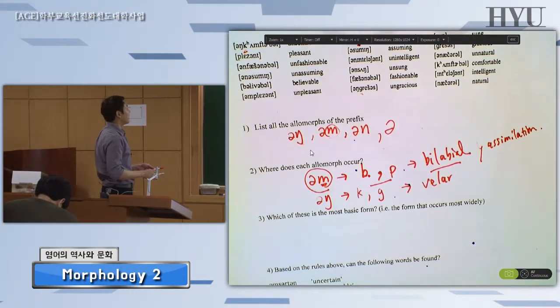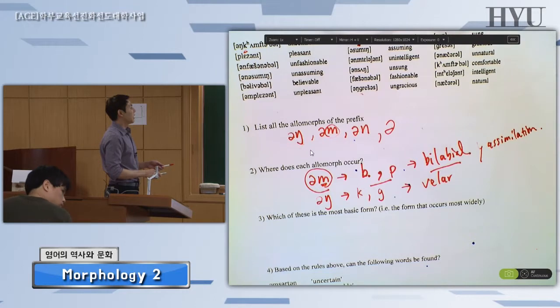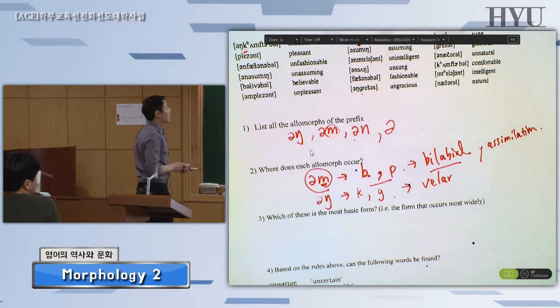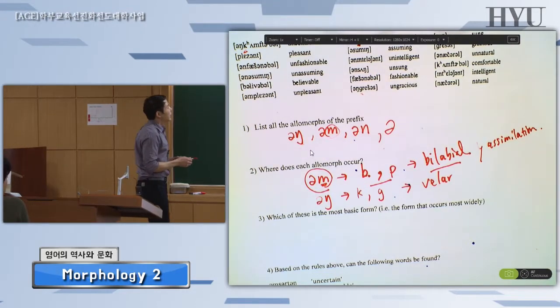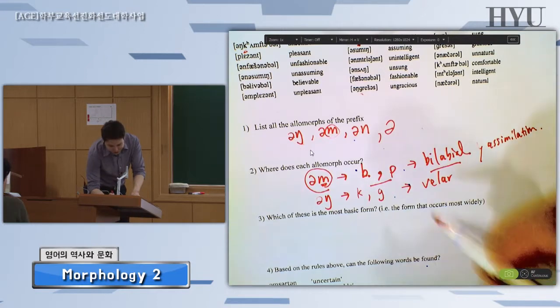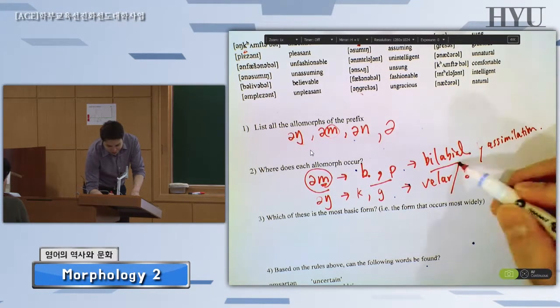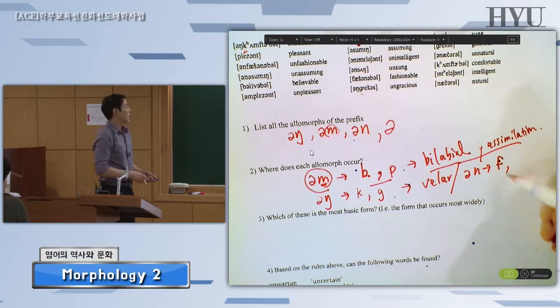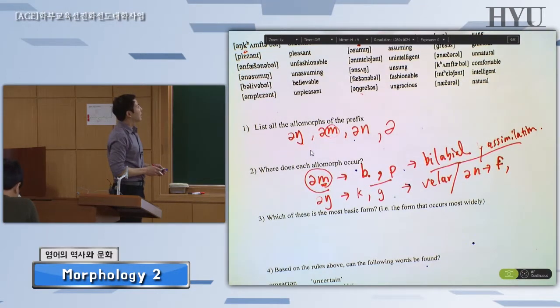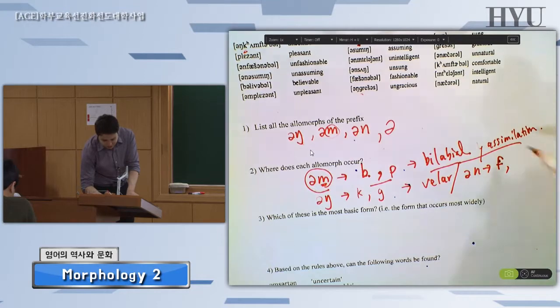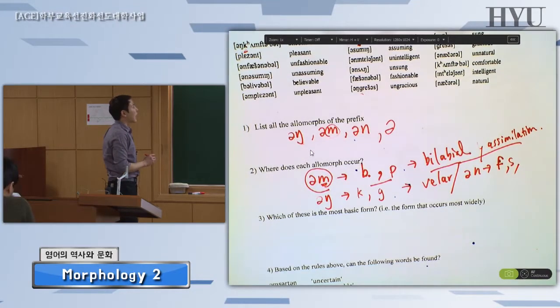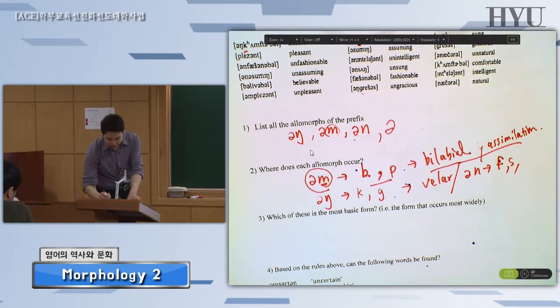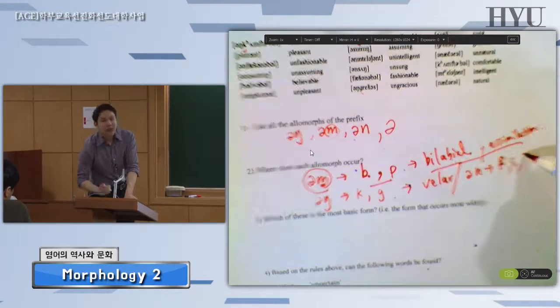Where do we find the schwa N? Unfashionable, so F. Anything else? Unsung, S. Unintelligent, so E, right?